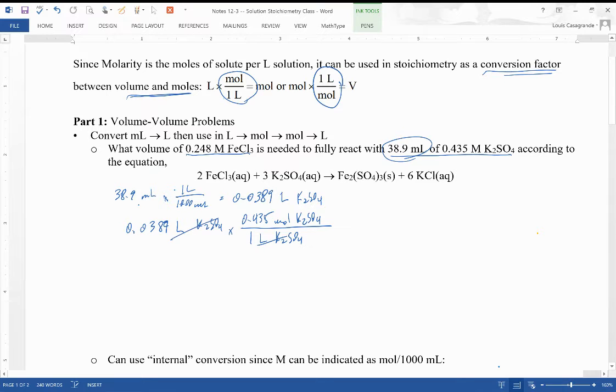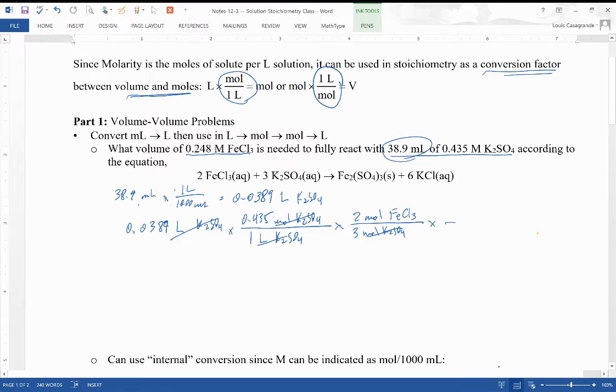And so the liters of the K2SO4 cancel out. At this point, we have just normal stoichiometry and the balanced equation. So we have 3 moles of the K2SO4 in the denominator and 2 moles of the FeCl3 in the numerator. Let's cancel out moles of K2SO4.